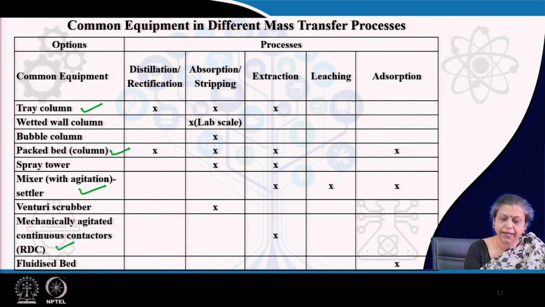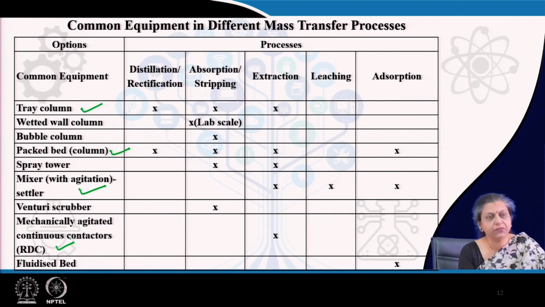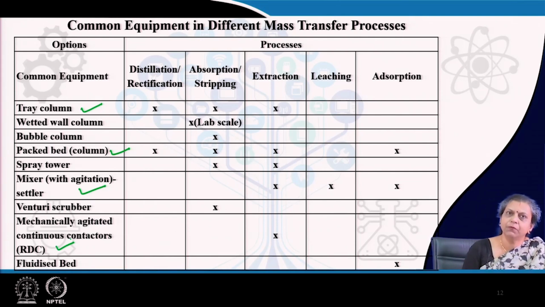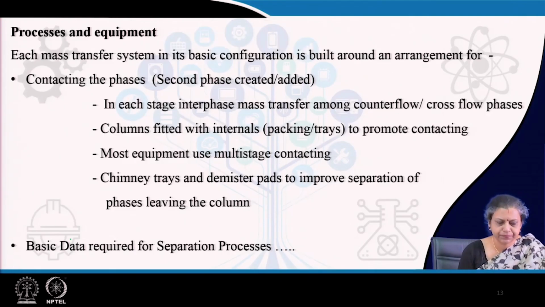So, we find that these common equipment which are used try to enhance the mass transfer between the phases, so that the operation can be achieved with a minimum number of stages.